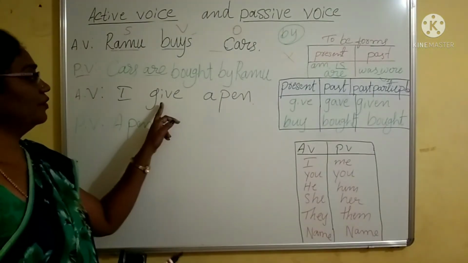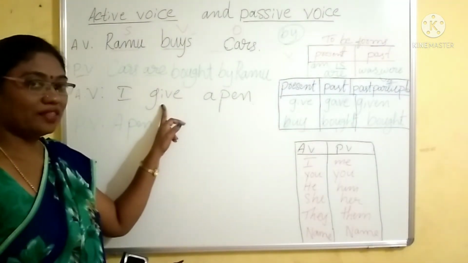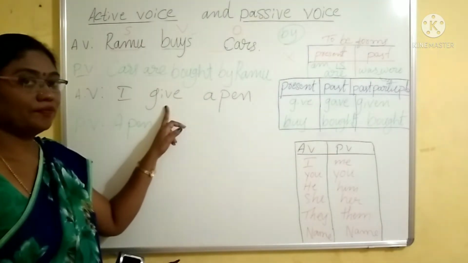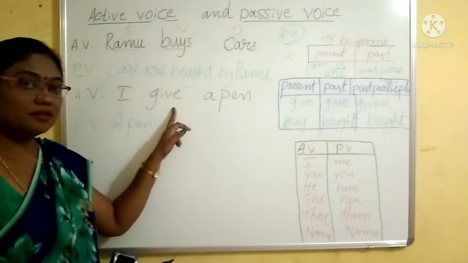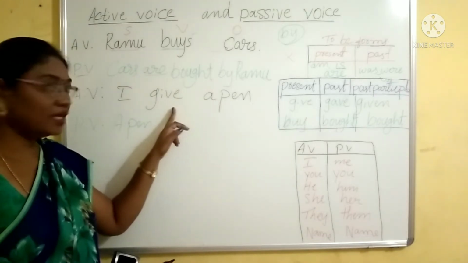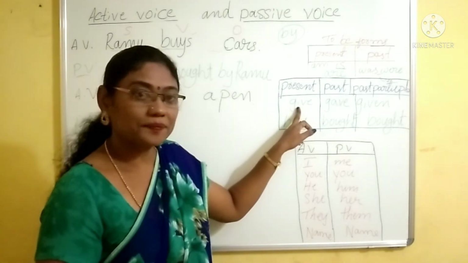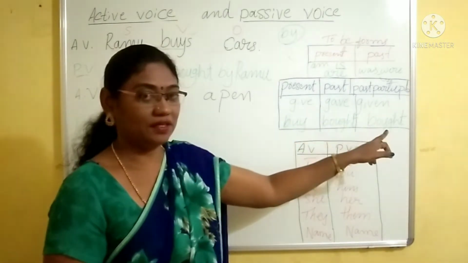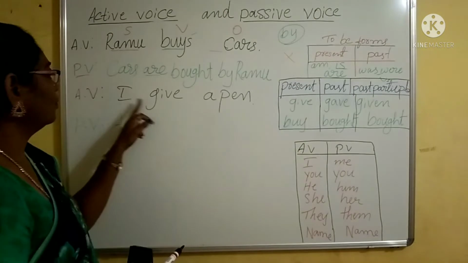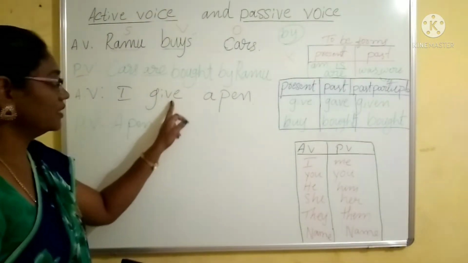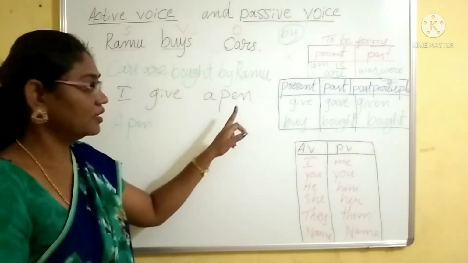Then you confirm whether the verb is in present or past. Obviously it is in present tense. Give, gave, given. So in I give a pen, give is in present. Present and singular.